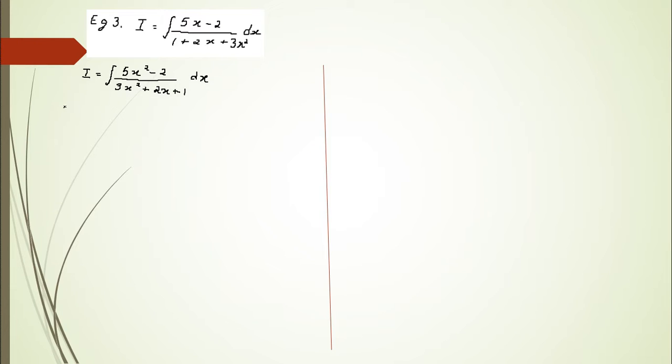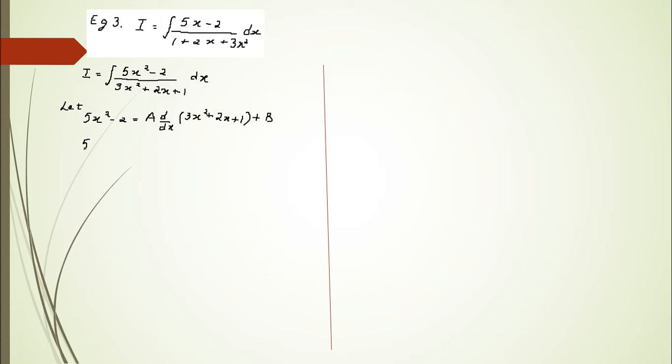As explained earlier, we'll write, let the numerator 5x minus 2 equal a times d by dx of 3x square plus 2x plus 1 plus constant b.